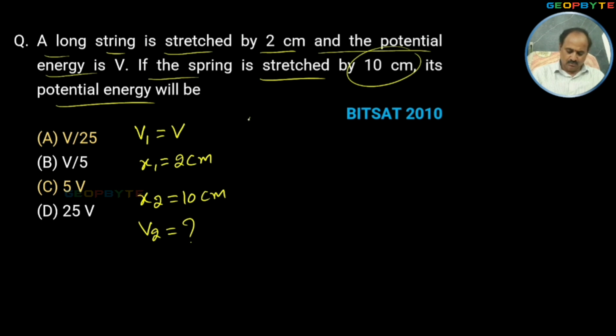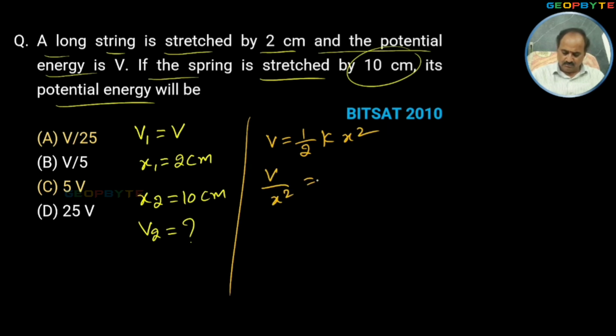As we all know, potential energy V equals half into k into x square. From this I can write V by x square equal to k by 2. Here k is the stiffness, which remains constant. Therefore k by 2 is constant, which means V1 by x1 square equals V2 by x2 square.